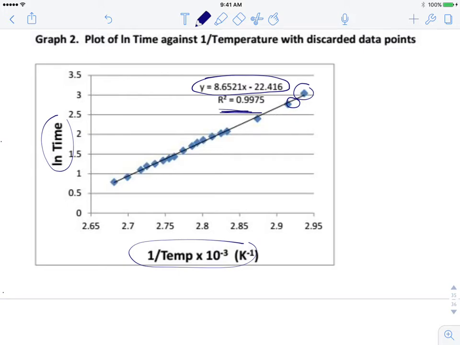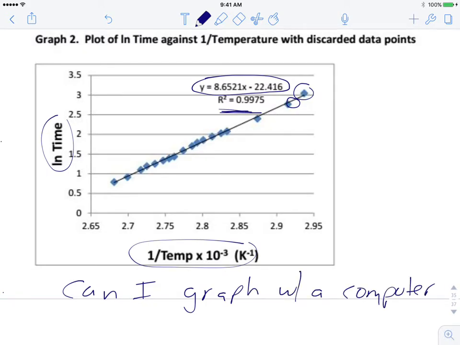So, ask yourself this question: can I graph with a computer? What we'll do tomorrow is we'll talk about the errors, or the uncertainties, and we'll do problems with that. But then we'll ask ourselves, what programs are people using on a computer, and we'll share that. If you use Excel, that's great, because I love Excel. I think it's powerful. But there are other programs out there that are equally beneficial.